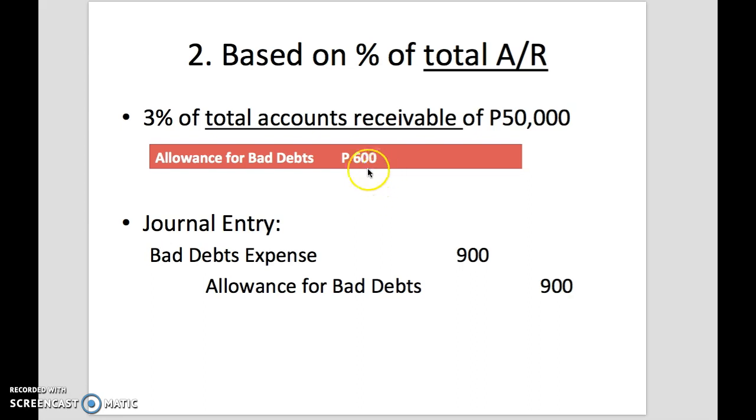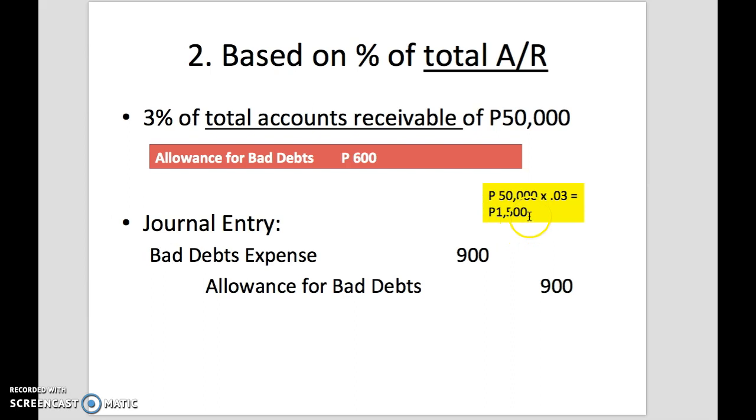The first step would be to multiply the total accounts receivable of 50,000 by 3%, or 0.03, and we will obtain 1,500.